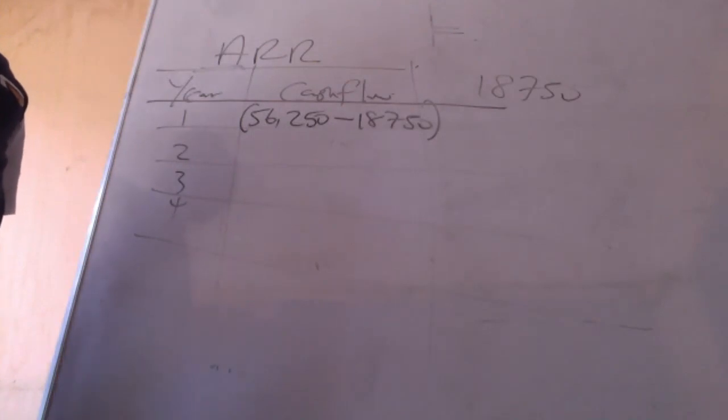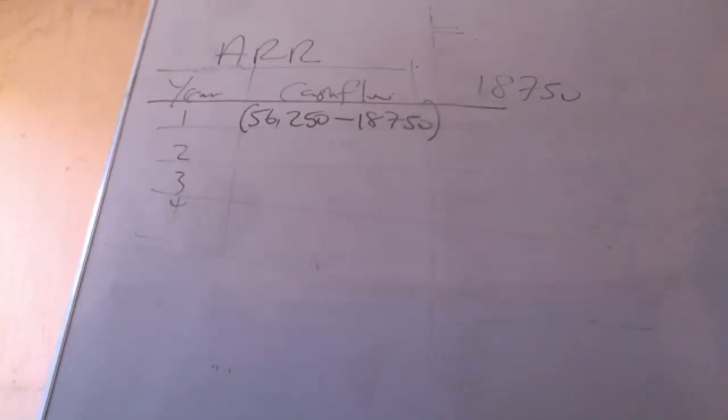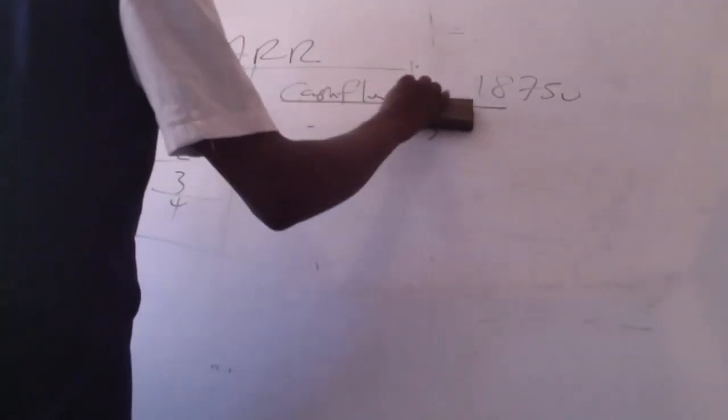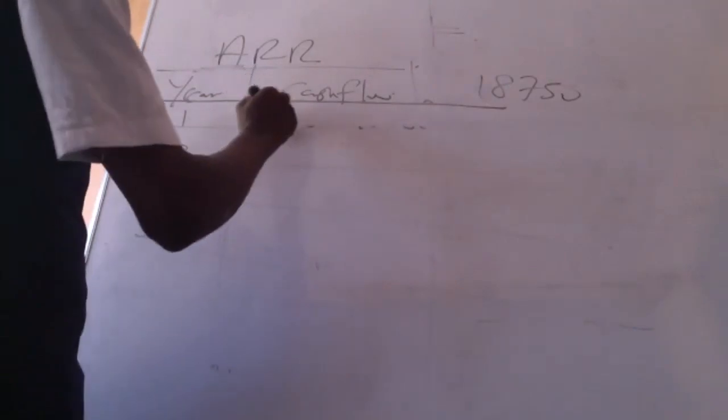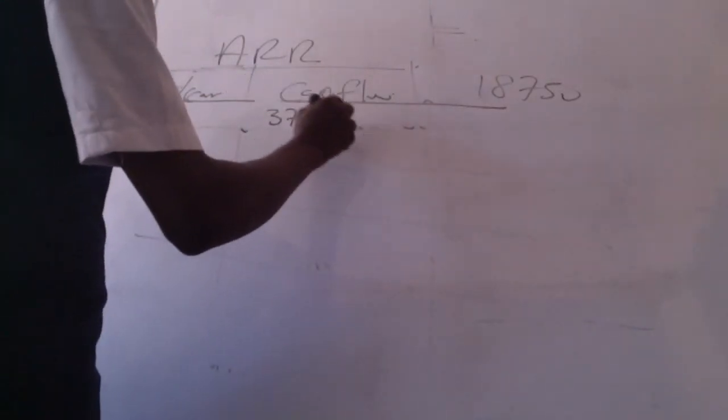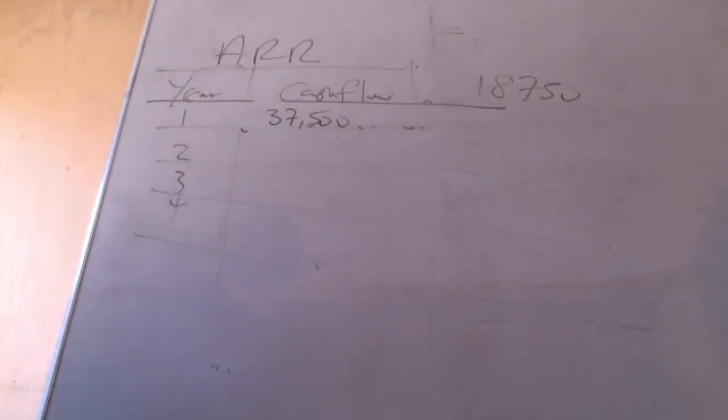So I'll less it. When you less it, what's the answer? 37,500. So for accounting rate of return, you less it in year 1.